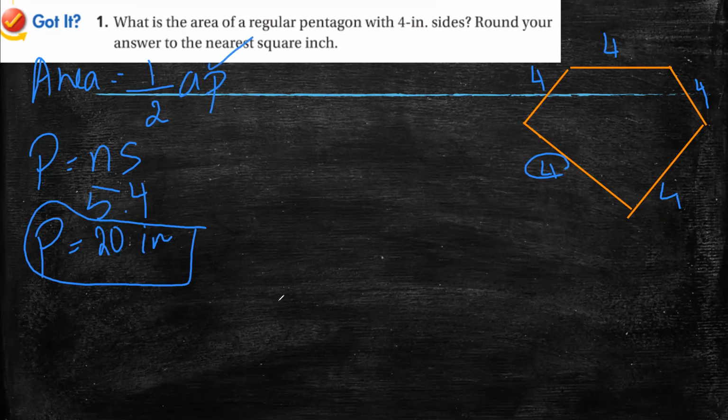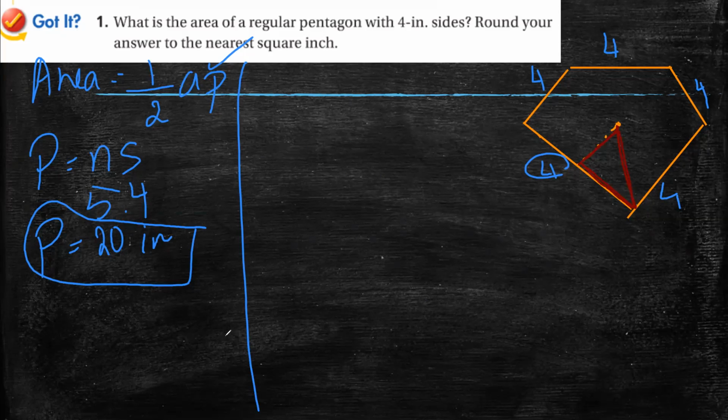I found it. The second step, I need to find the apothem. How can we find the apothem? Where is the apothem? This is the center of the shape, and here will be the apothem. So to find the apothem, I will draw a right triangle, as I told you.